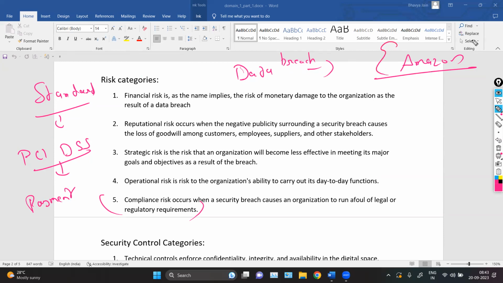Now Amazon is storing your data, the payment details of the customers. So in that case, Amazon should follow this standard, PCI DSS.